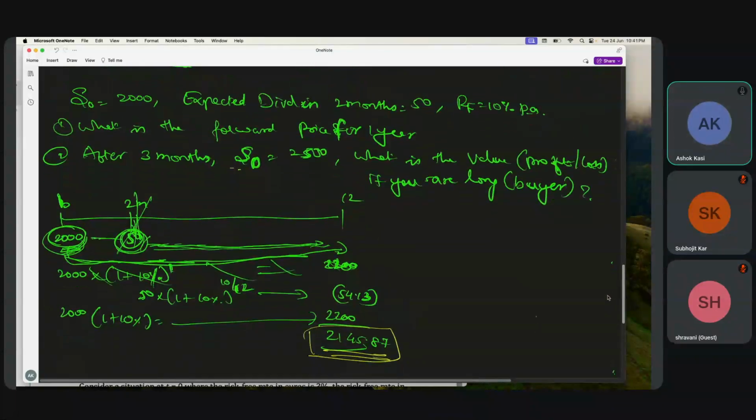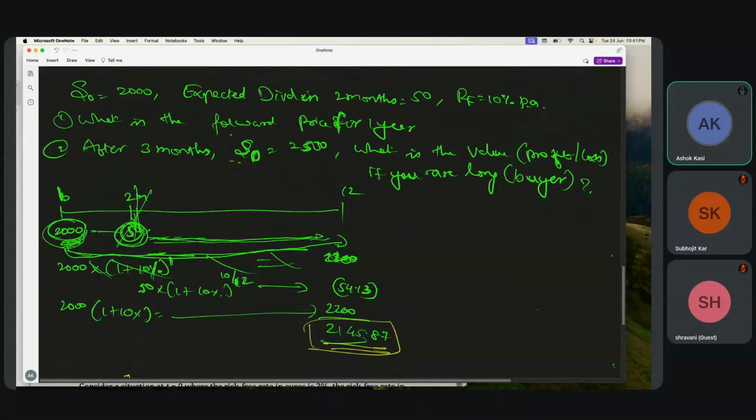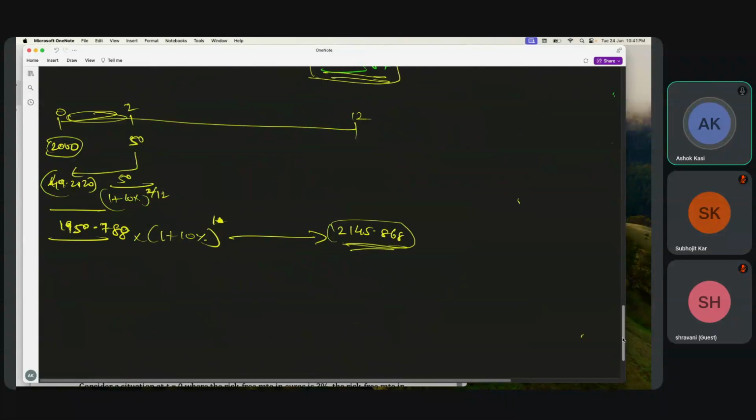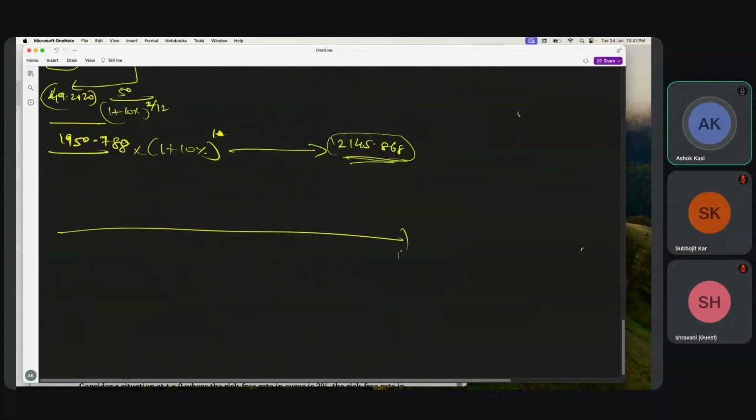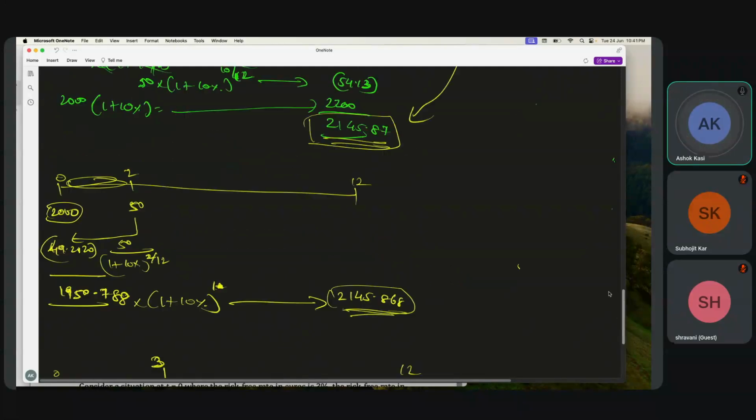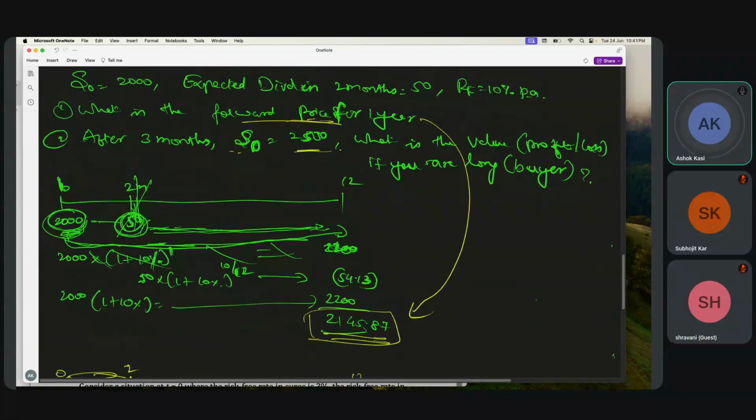Okay. Then this is the forward price, 2145. This is one answer. Then after 3 months, we know that the forward price is 2145.868. After 3 months, the spot reached 2500.